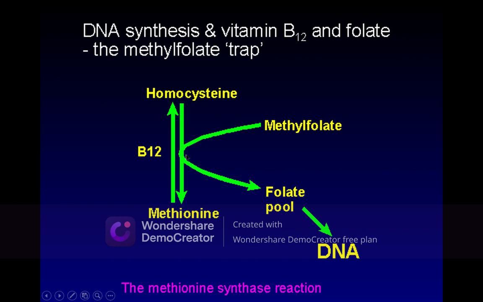But here the intermediate product of folate forms methionine. So if you give folic acid in B12 deficiency, it will be converted into the folate pool for DNA, but not into methionine, because it needs B12 also.